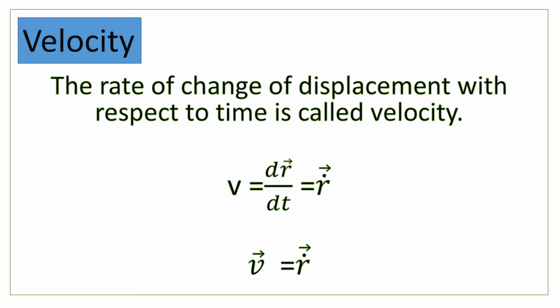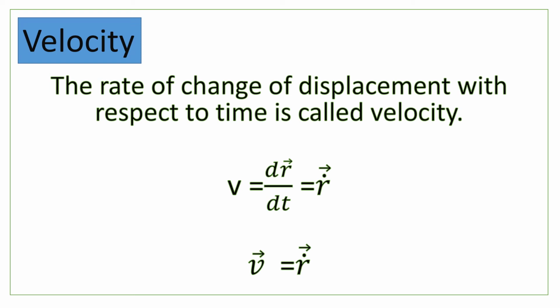Here you can see v is equal to dr over dt. r is the position vector as described before. So velocity is also a vector quantity. Here d over dt acting on the r vector gives us r dot.